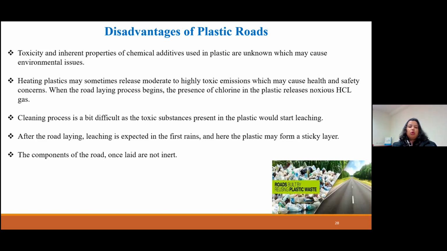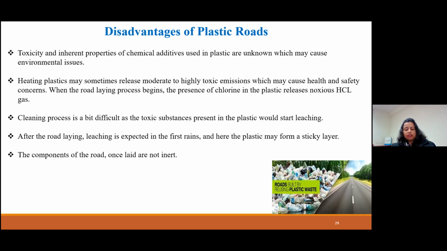Then you have some additives in plastic, which, if left airborne or completely exposed to the top surface, if those additives were there inside the plastic, then again they might cause a little threat to the environment.